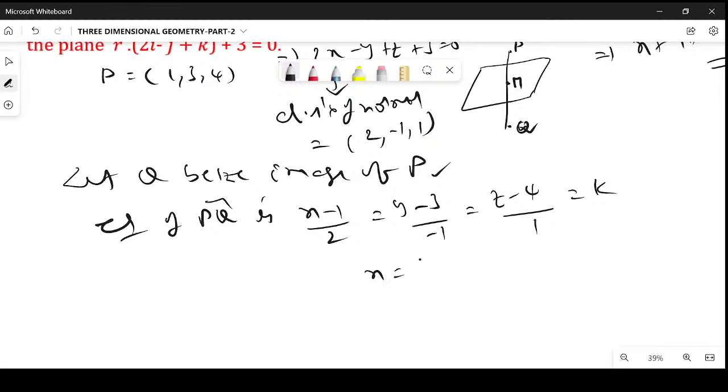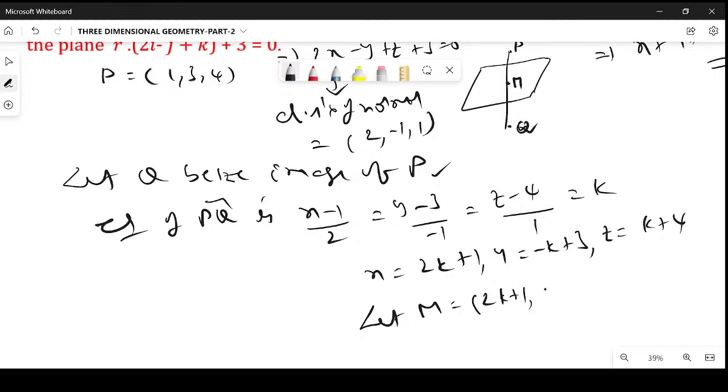So x = 2k + 1, y = -k + 3, and z = k + 4. Now let M be the point (2k + 1, 3 - k, k + 4).